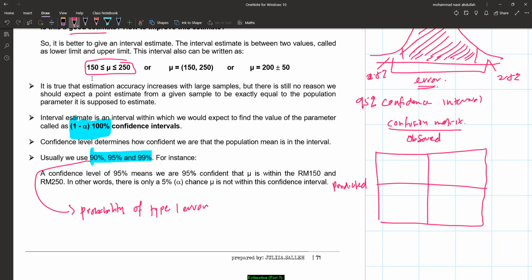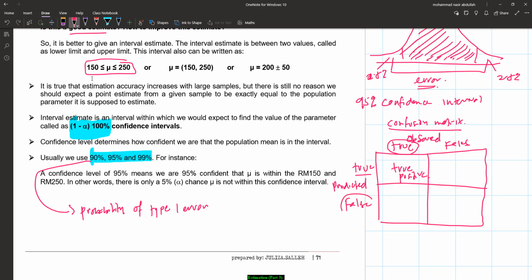If you have gone through machine learning or artificial intelligence, you will deal with the confusion matrix. Let's say this is true, false, false. If we predicted or estimated the value to be true and the observed value is also true, then this is a true positive.